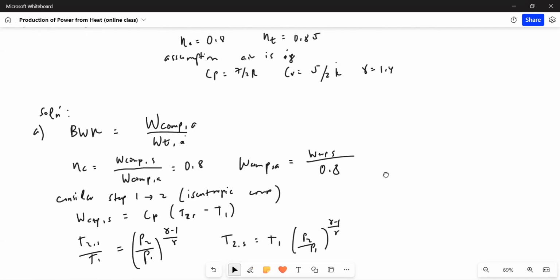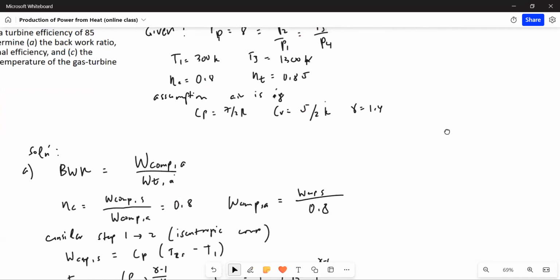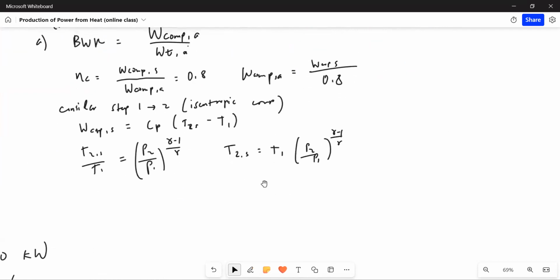Yes, T1 is given, and so is the compression ratio, P2 over P1. Simply substitute everything and raise to gamma minus 1 over gamma. You will get T2S equal to 543.43 Kelvin.